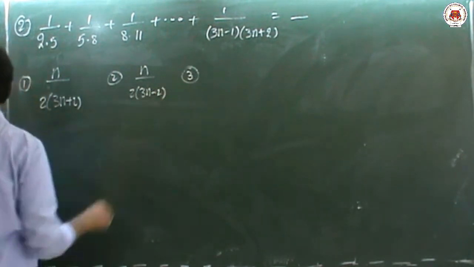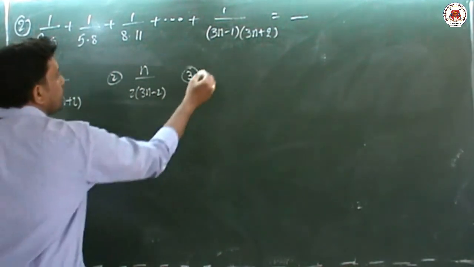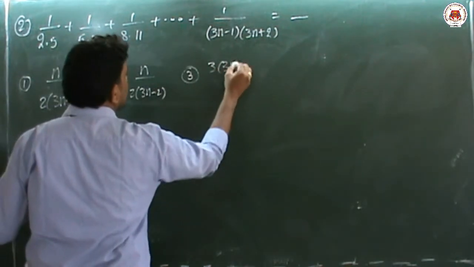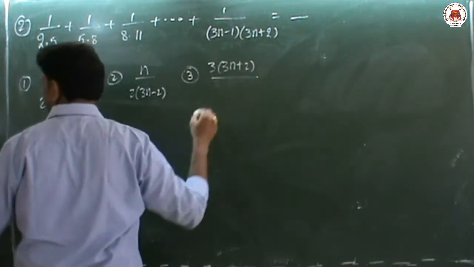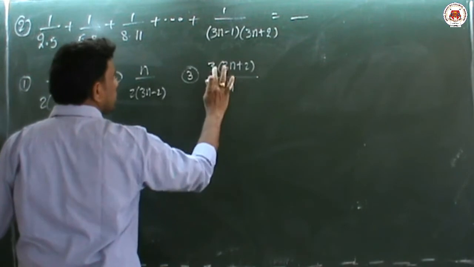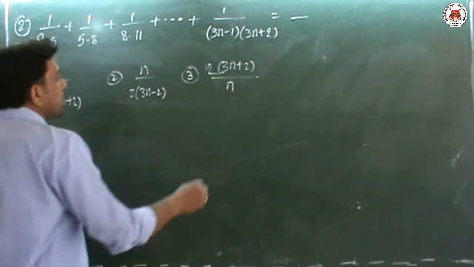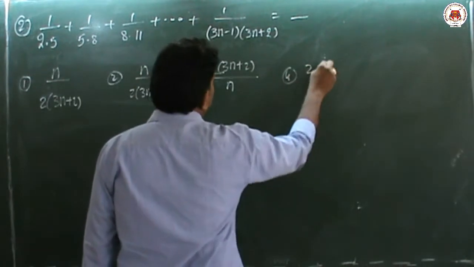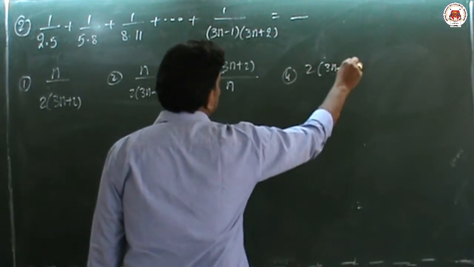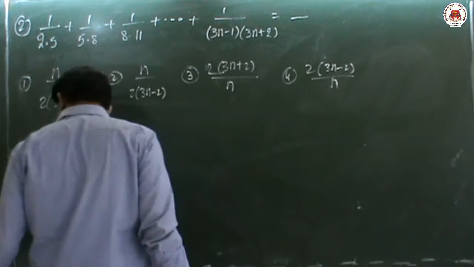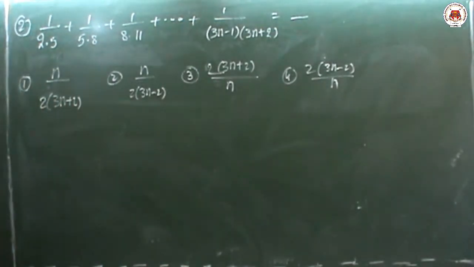Next the third option is 2 into 3n plus 2 by n. Here 2 is there, 2 into 3n plus 2. Next option is 2 into 3n minus 2 by n. So here a total of 4 options are there. So we have to find which option is correct.